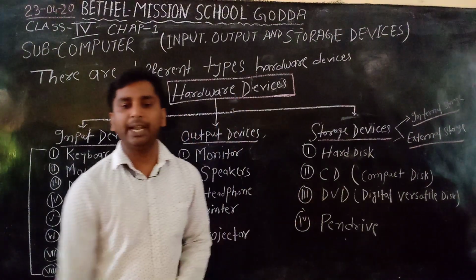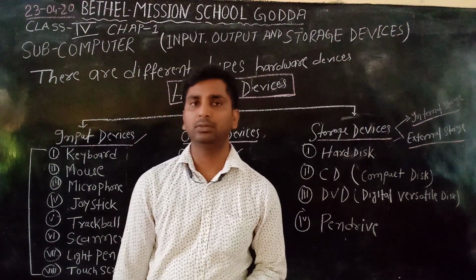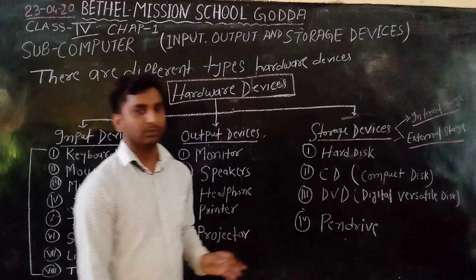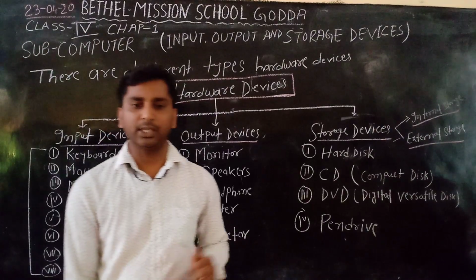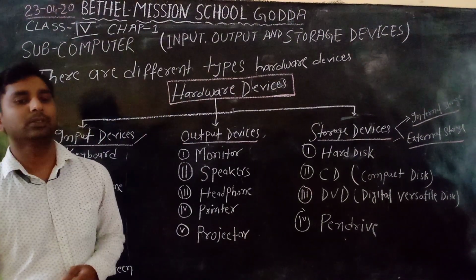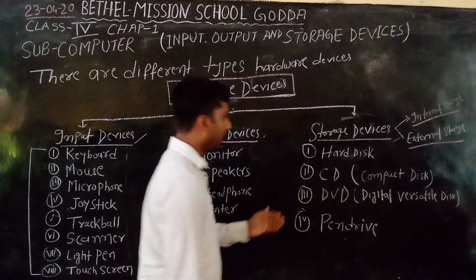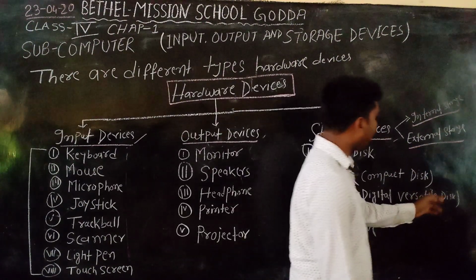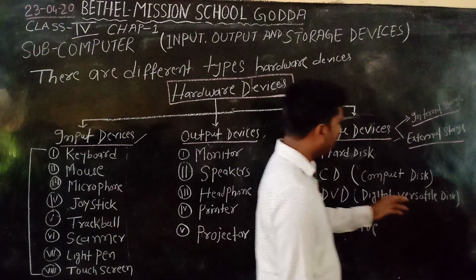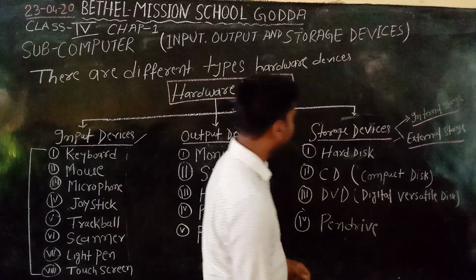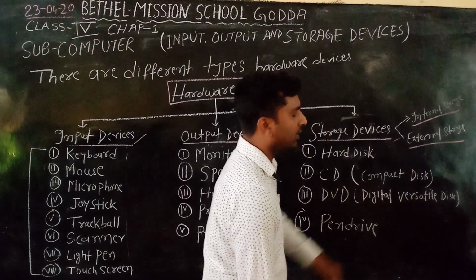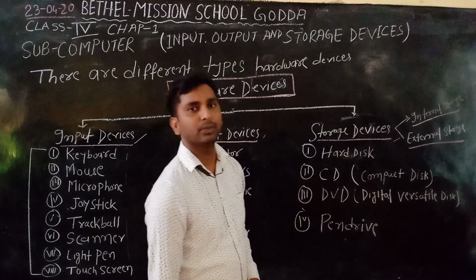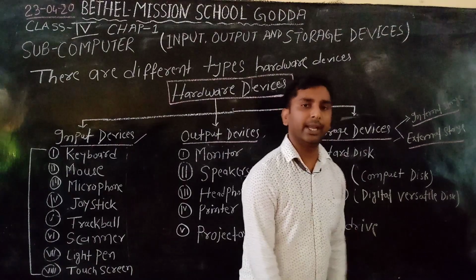It stores data on the shiny part of the disk. Next is DVD. DVD stands for digital versatile disk. DVD looks like CD. It is also used to store data.